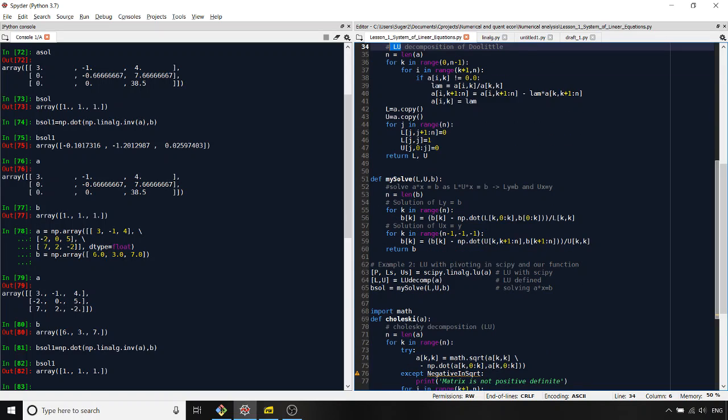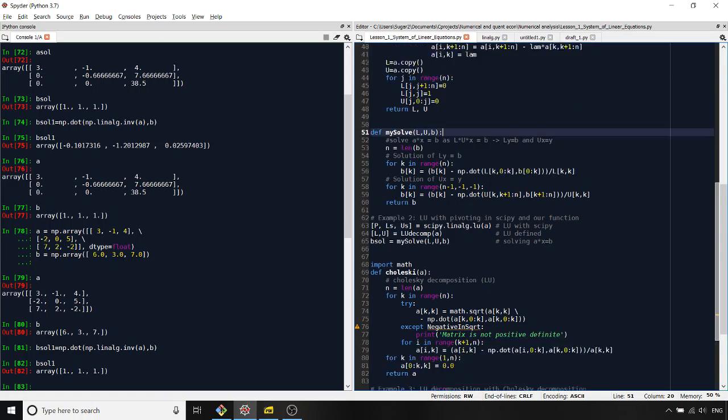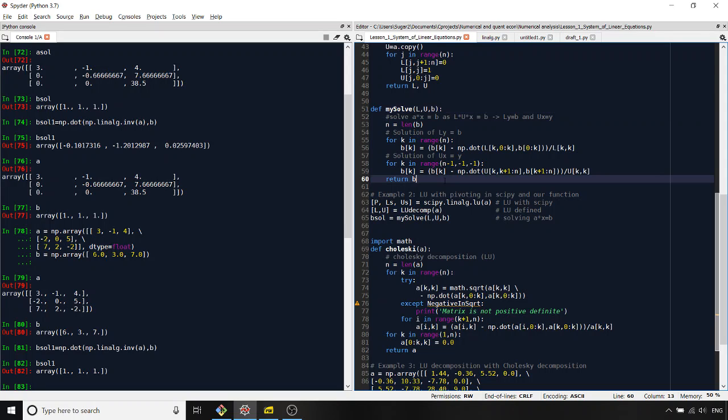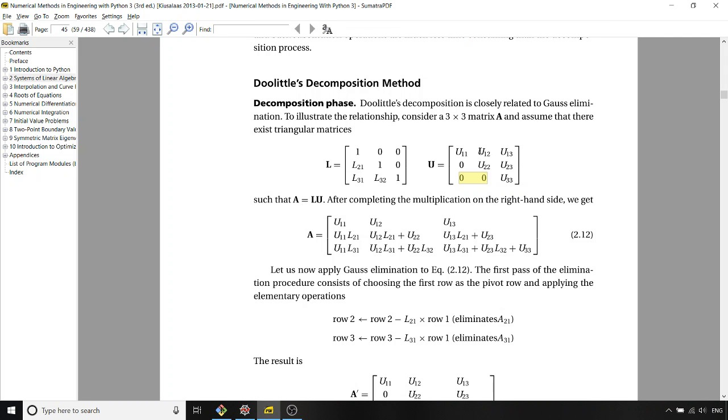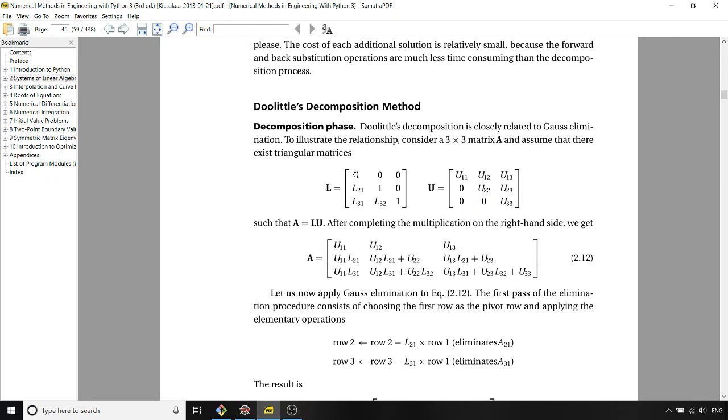Now we can use all of this to calculate the value of X. For that purpose, it's simple. This is the forward substitution, which is done here in the lower triangular function.